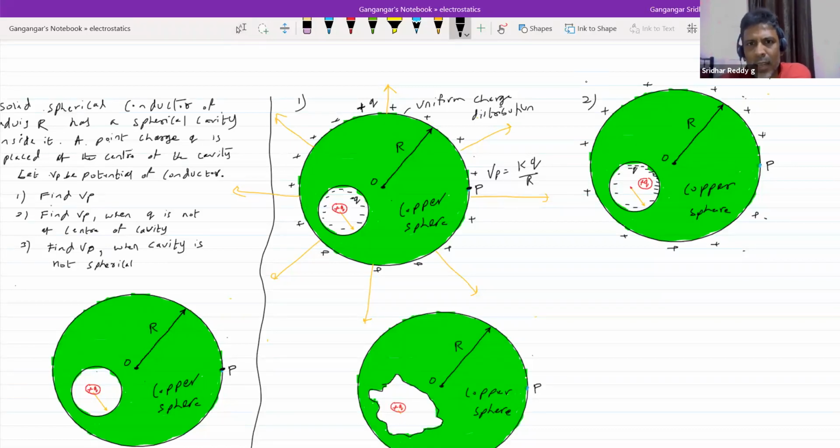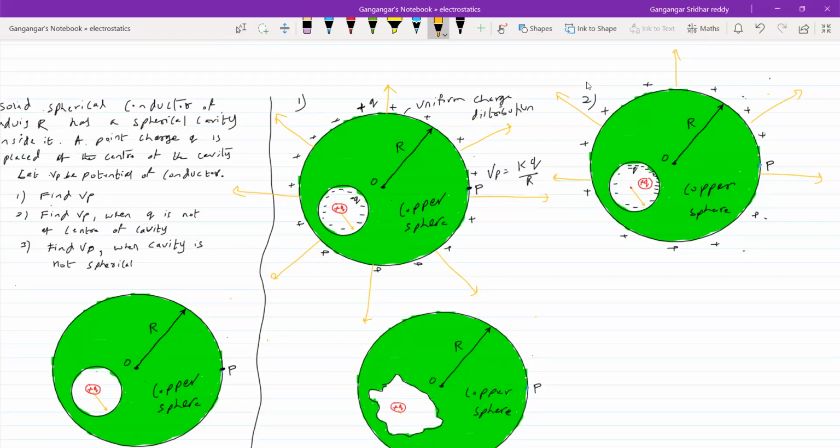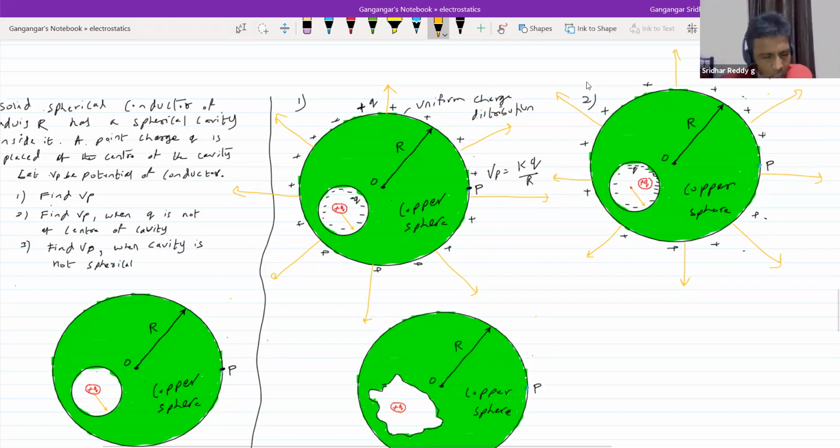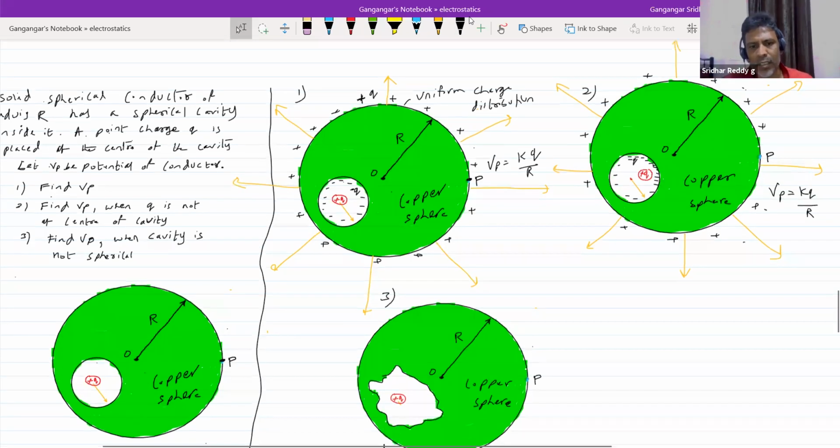Okay, again the same lines of force. I'll draw it. Okay, so again, what is the expression for potential here? The same equation, I'll write it, no? Okay, now the third case. What about the charge distribution? Definitely it will be non-uniform.